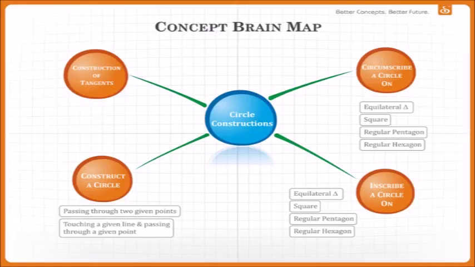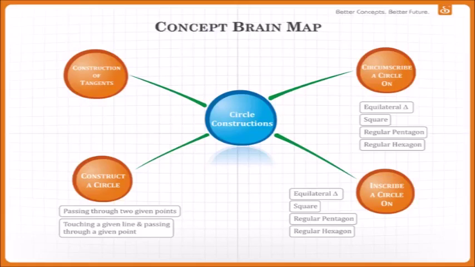Then we had seen inscribing a circle on a regular polygon. So here we had seen how to inscribe a circle on an equilateral triangle, square, regular pentagon and regular hexagon. Then we had seen the next type, that is construction of a circle of given radius and passing through two given points.